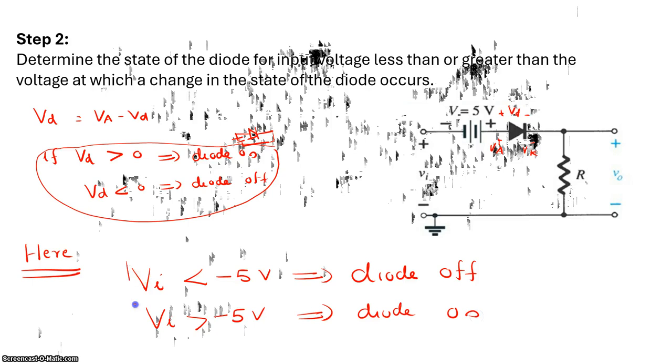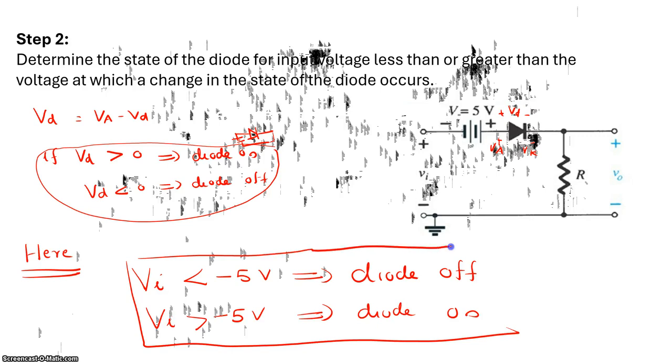That is the condition in this clipper circuit, and it is happening because of this voltage. So now we understand from what voltage the diode is going to be on, and from which voltage the diode is going to be off. So that is clear from step 2.